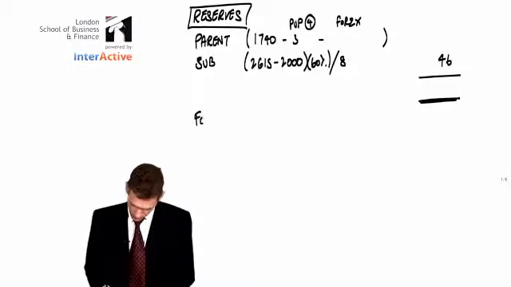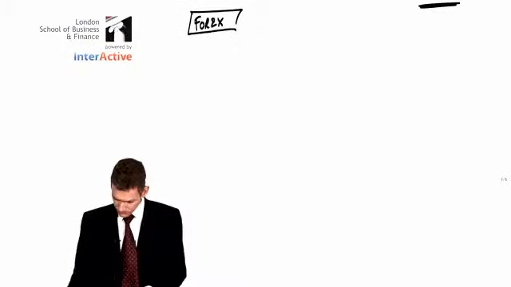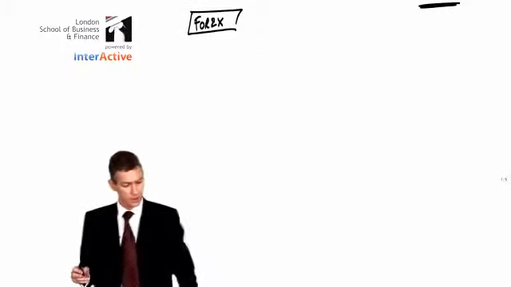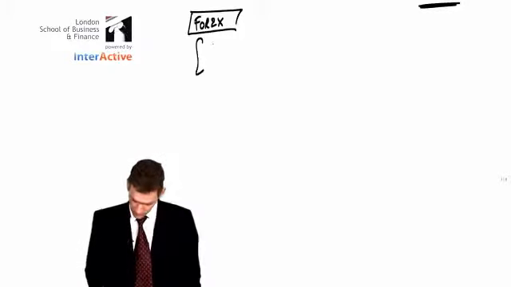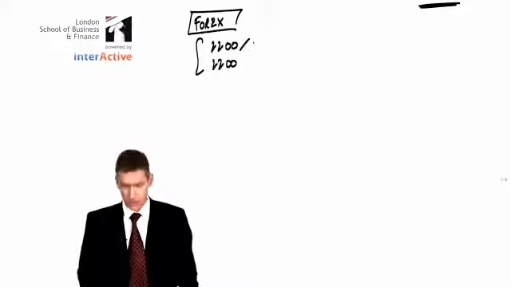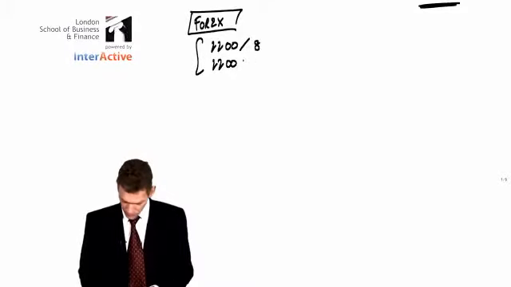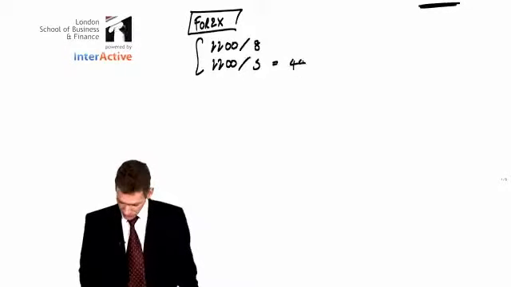So let's do the Forex now. So the Forex is measuring the investment in G, which was actually 2,200 at the year-end rate to see what it's worth now. And of course we know what they did at acquisition. They divided it by 5. At acquisition they got 440, and that's what it was worth.